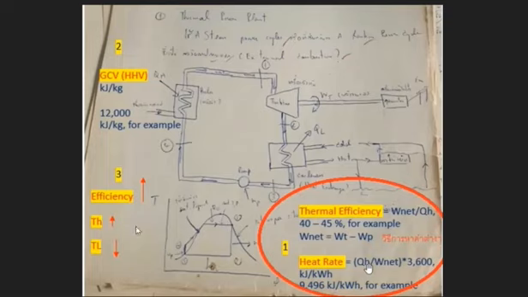And at the same time, we should try to decrease TL, the low temperature. TL is the temperature in the condenser where we dissipate heat into the environment to turn the steam back to water to be pumped to the boiler once again.